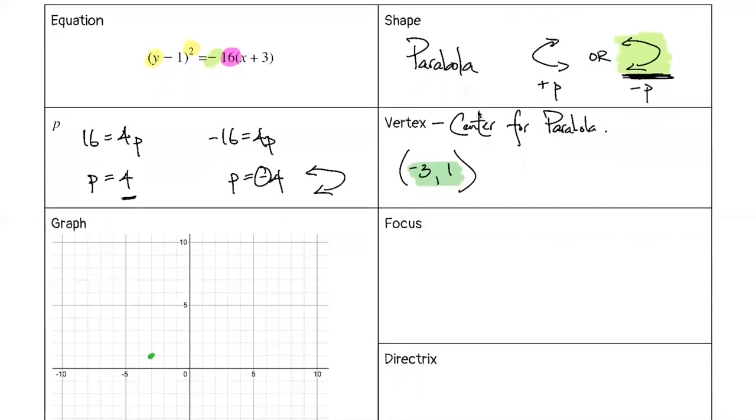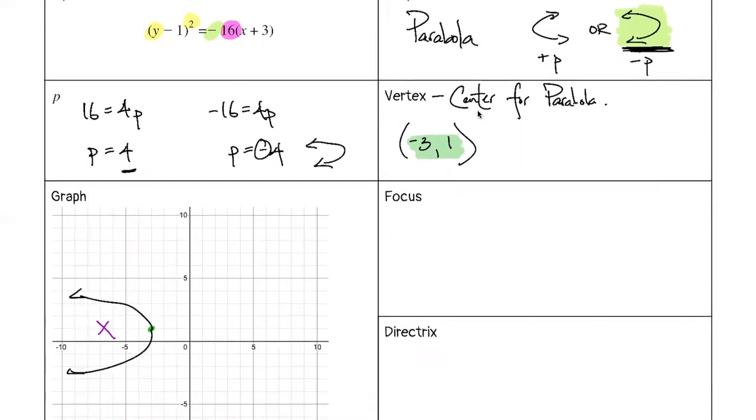Now, once I have the vertex, I almost like to sketch the shape of my parabola. Okay. Oops, wrong way. We want to make sure it opens to the left. Okay. And now, once we've drawn that, we know our focus has to be like in here somewhere to the left of our vertex.